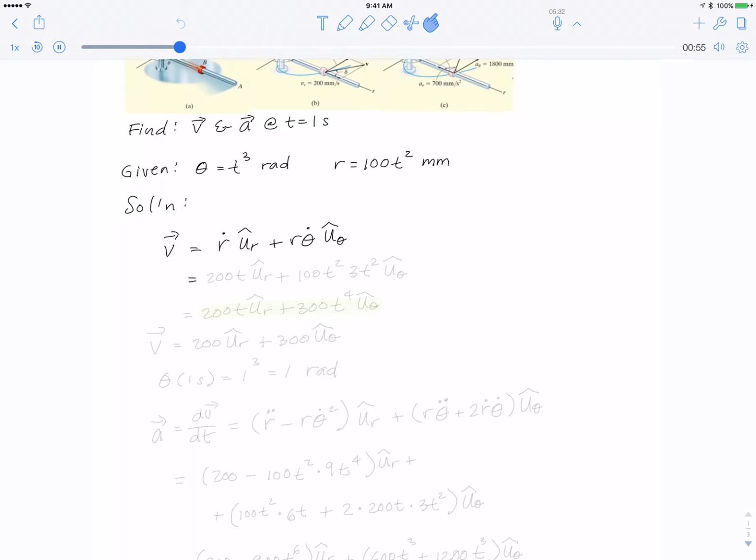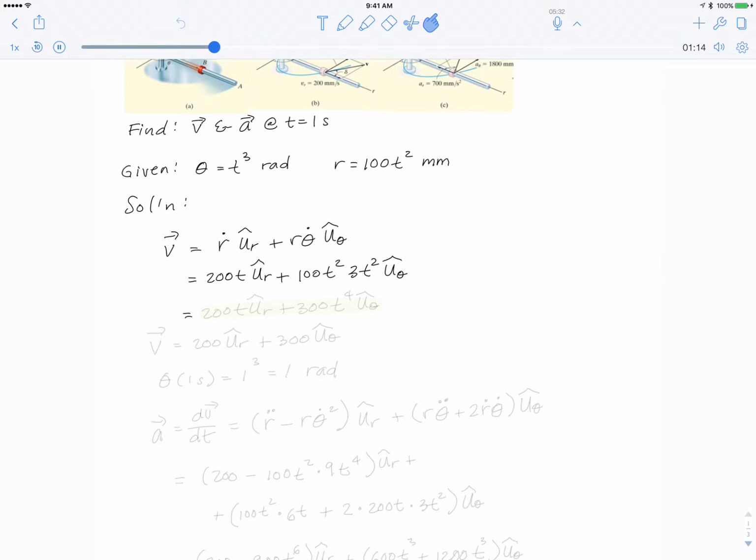So the first derivative of r is 200t, and r is 100t squared, and the first derivative of theta with respect to time is 3t squared.